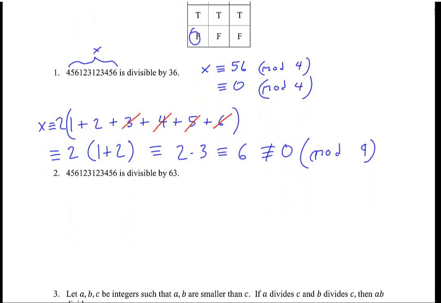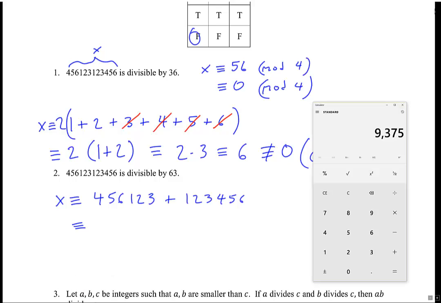Okay, next up, we're supposed to take the exact same number and check for divisibility by 63. This time, our test that we found earlier on is to check the addition of groups of 6. So our number x can be broken up so it's 4, 5, 6, 1, 2, 3, plus 1, 2, 3, 4, 5, 6.